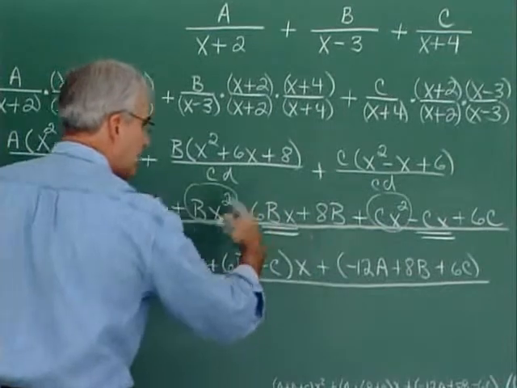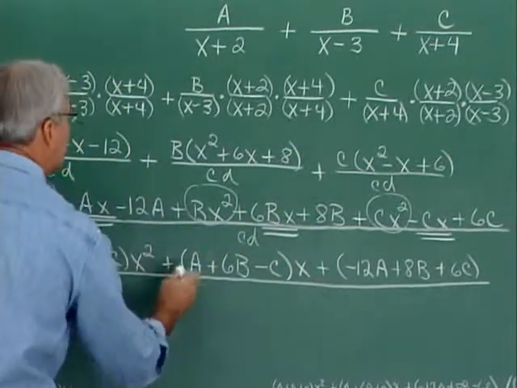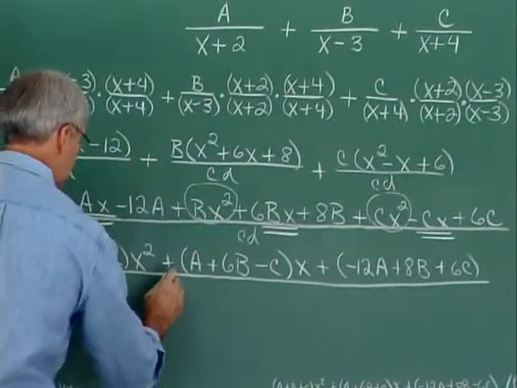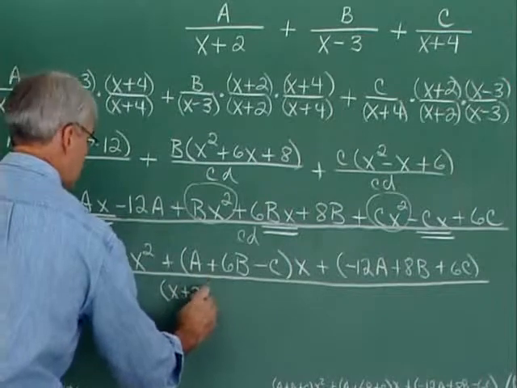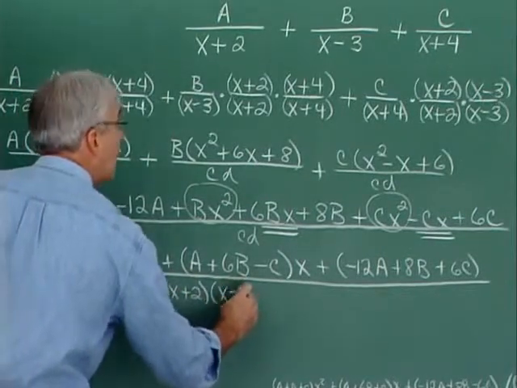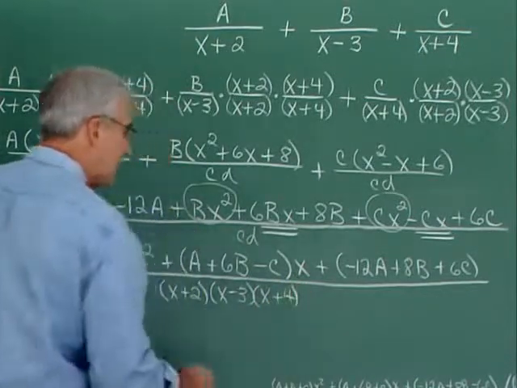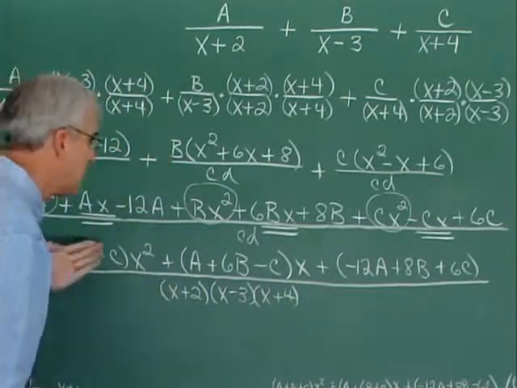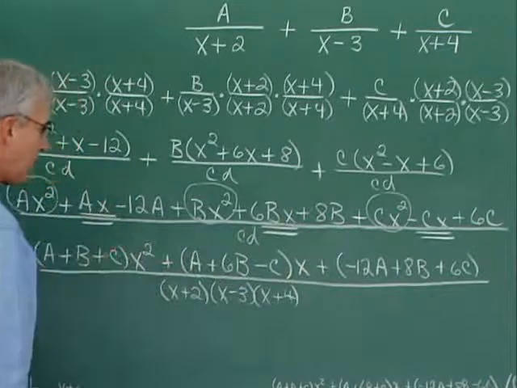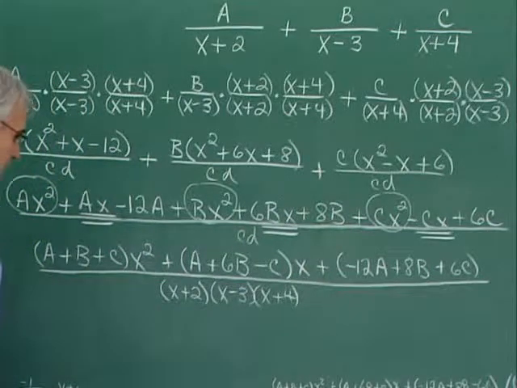And the denominator is that common denominator, that trinomial x plus 2 times x minus 3 times x plus 4. And believe it or not, this is a desirable form at some point in the study of calculus. We'll get to it in a bit.